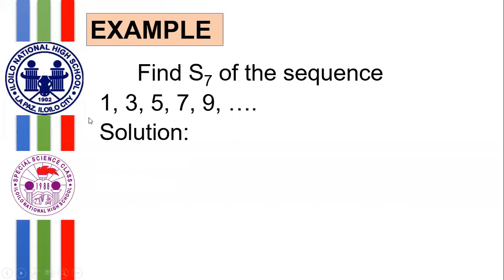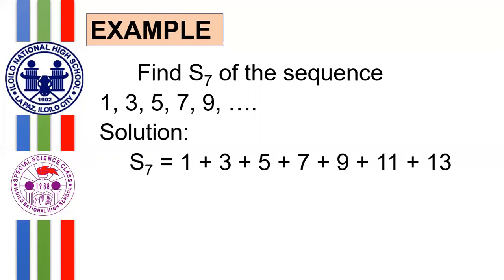If you could see here, what's the pattern? You have here a sequence of positive odd numbers. So we have first, second, third, fourth, fifth. The terms are 1, 3, 5, 7, and 9. And if you check, you could see that the 6th term will be 11, and the 7th term will be 13.